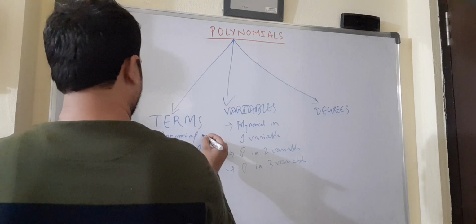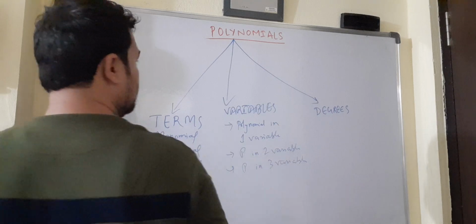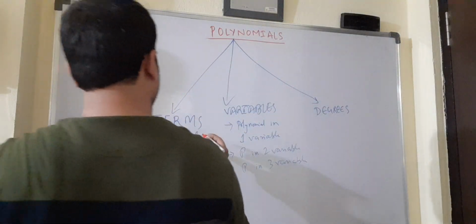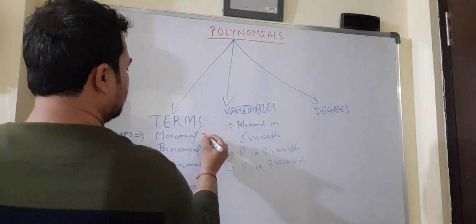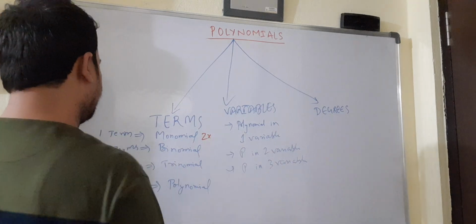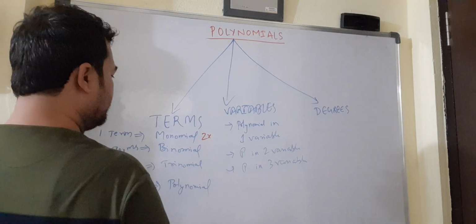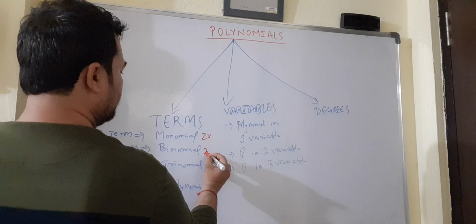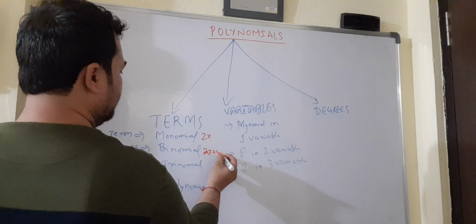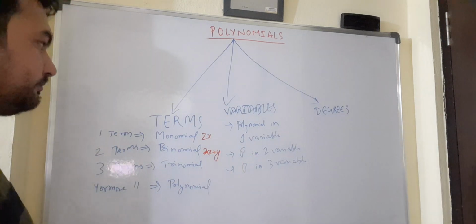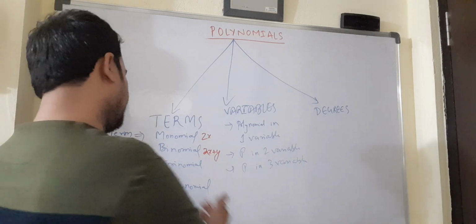For one term, what can be the example? It is very easy. You have to print only one term. 2x, simplest example. For binomial, 2 terms. No issues. 2x plus y. There are 2 terms. Trinomial, 3 terms.